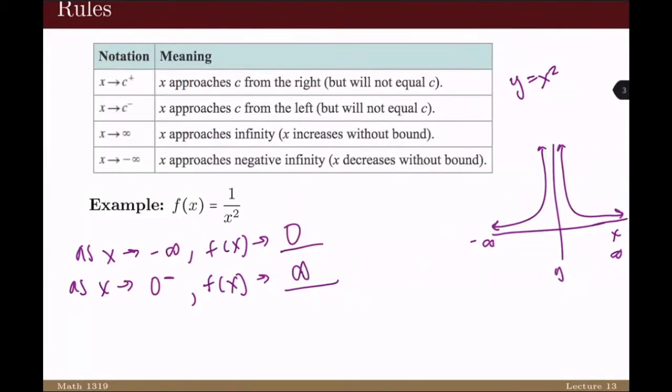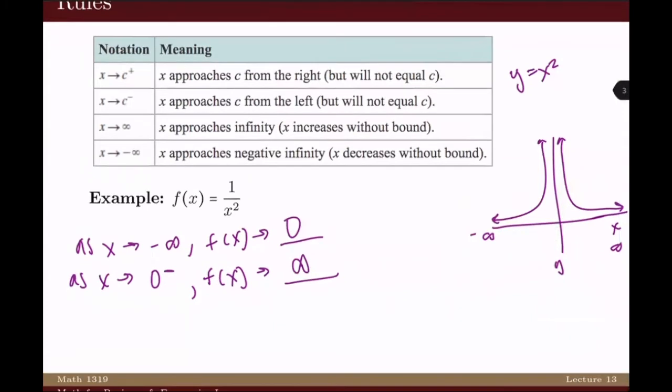All right, let's do some more. What about as x approaches 0 from the right? Where does f of x approach? If we're coming from the right, that means we're going this way. We're coming from the right and we're going towards x equals 0, right?